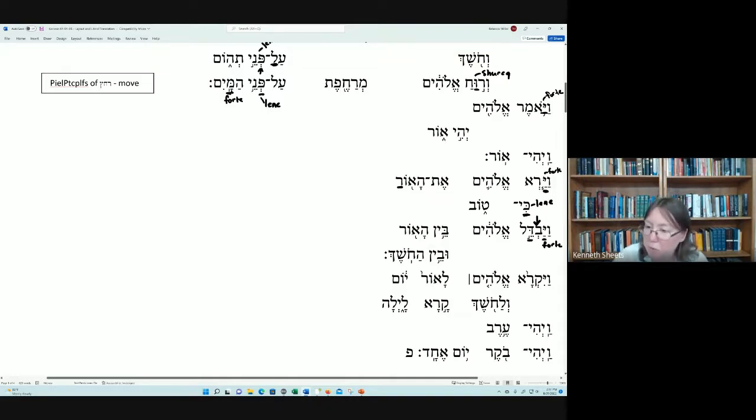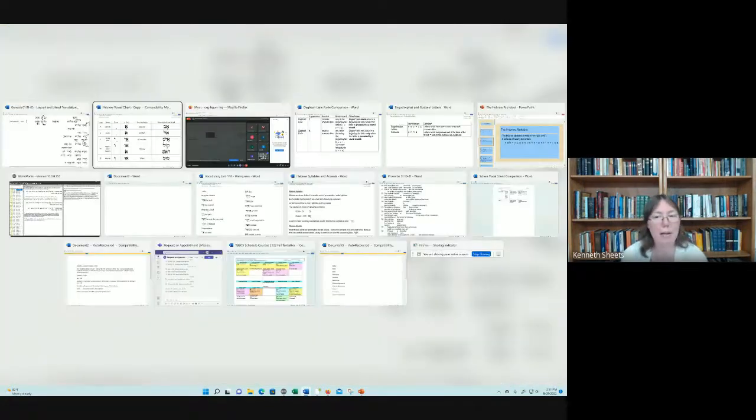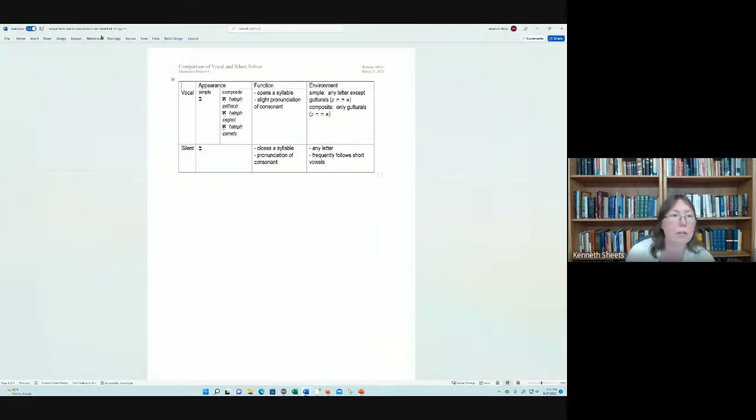And the beth is pointed with a schwa. Now, we talked about this a little bit last week. We're going to cover it a little bit in more detail here and then especially next week. But those two vertical dots that we see underneath the beth there, that's what we call a schwa.